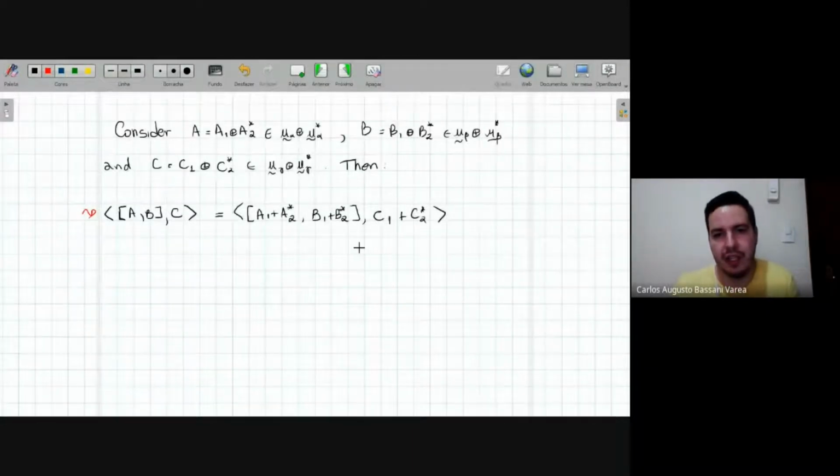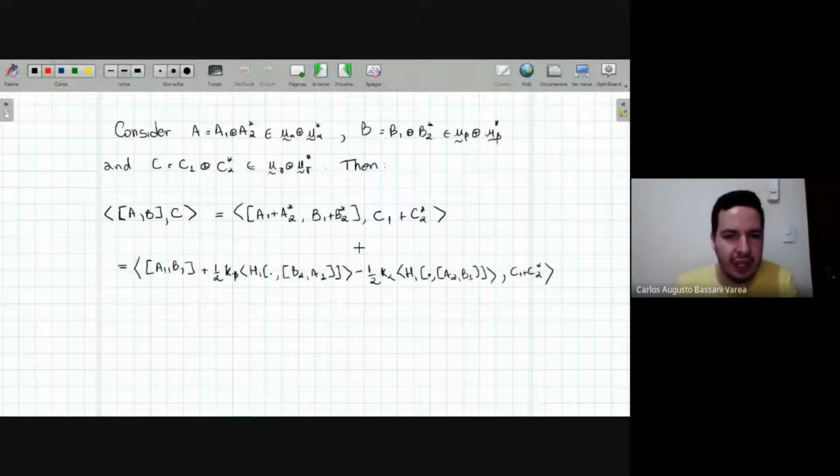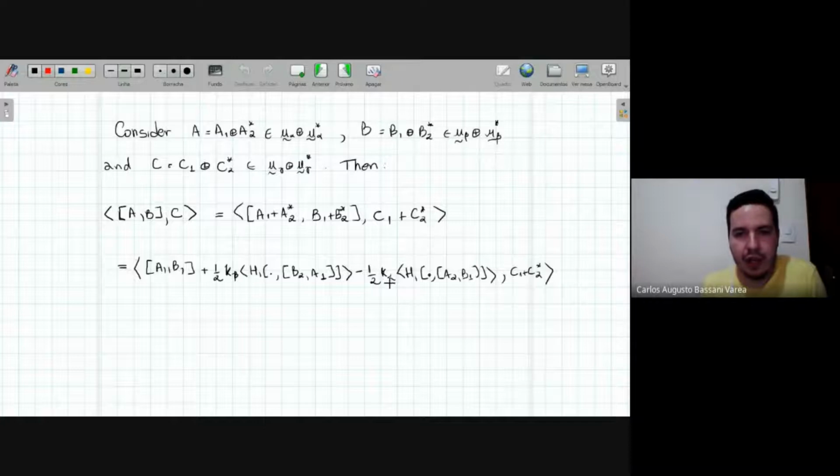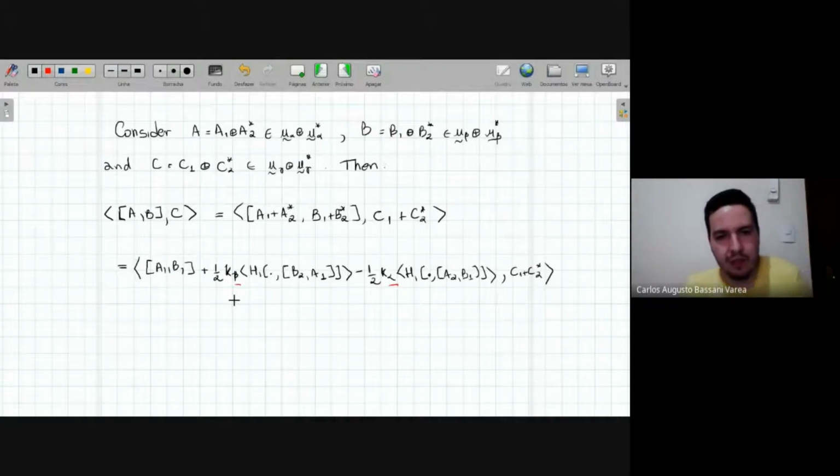So using the expression for the Courant bracket that we obtained, we get this expression here. Okay, because A is in the root alpha and B is associated to the root beta. So this is what we obtain here.